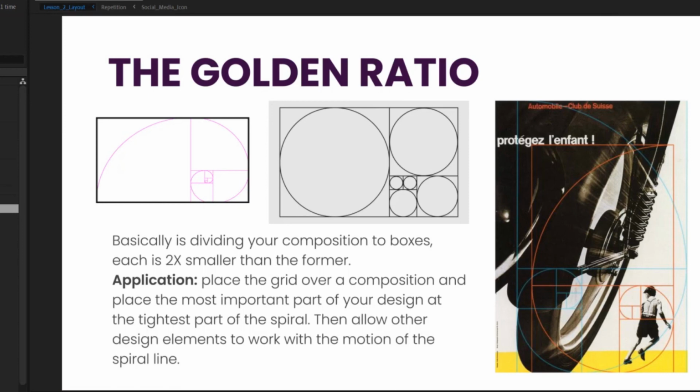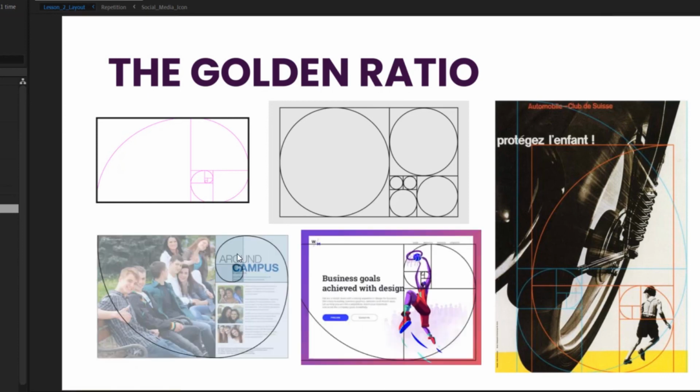That's the bike. You also find this in this Around Campus design. The key thing is the message we want to pass across, that's Around Campus, so we place it there, then every other thing flows from there. Also here, the business goal achieved with design is the basketball.